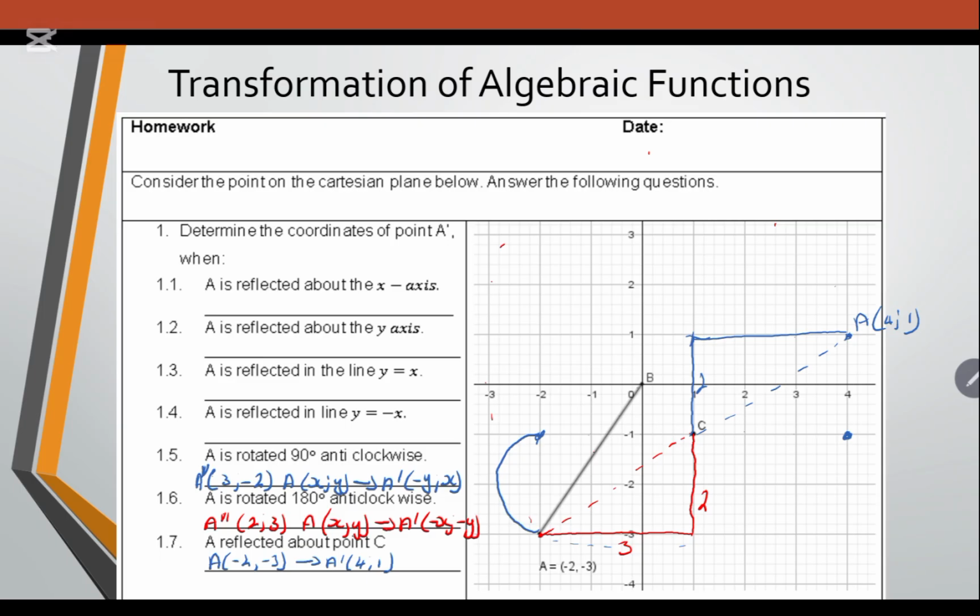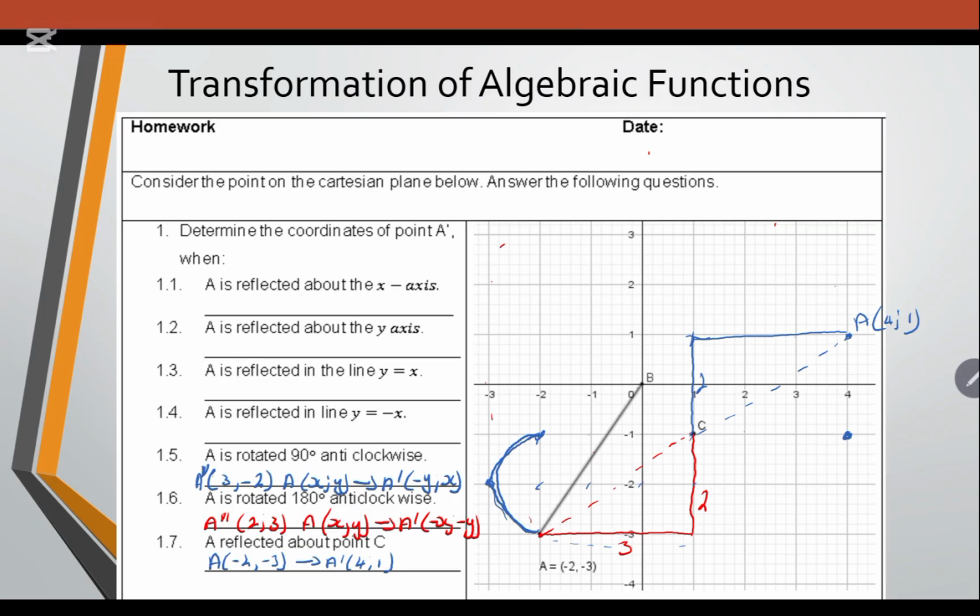Suppose this point here is -3 and 2. So let's suppose this circle was passing through that point, just to make my life easy. So I have to reflect this point through point C. So this point horizontally will move 1, 2, 3, 4, and then 1 unit up.